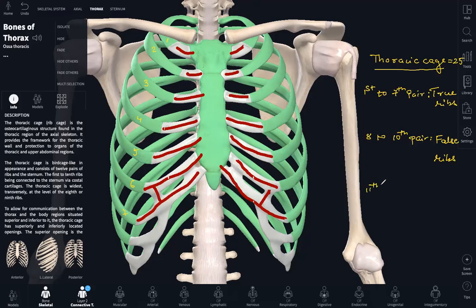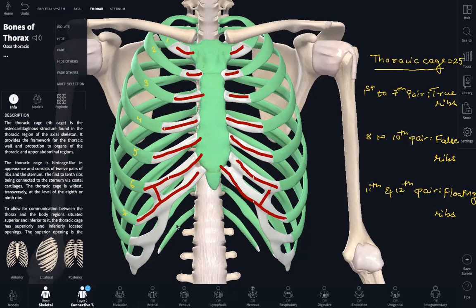And the 11th and the 12th pair are called floating ribs. Why floating? Because they are not connected to the sternum at all. Are you getting it?